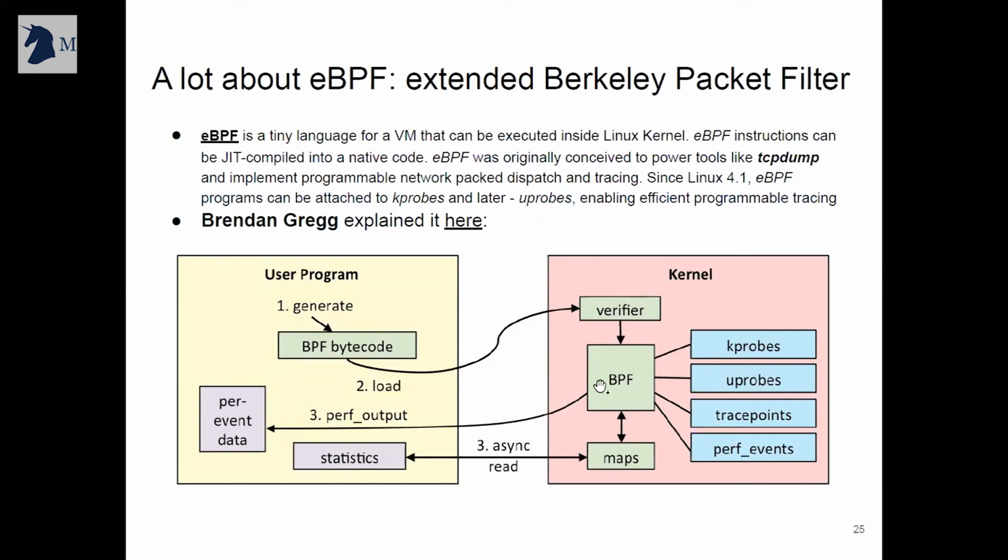We return an error. When we run the program, it has access to all kinds of probes, trace points, performance events, CPU, and everything. It puts the information into ring memory buffers called maps, and then you can just collect aggregated statistics to userland. So only aggregated data are stored on disk, for example.